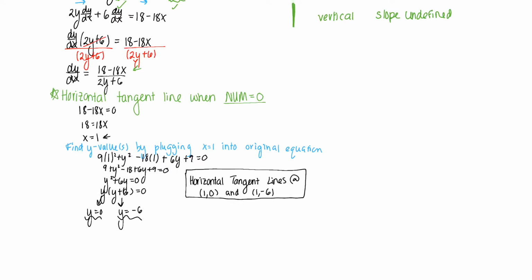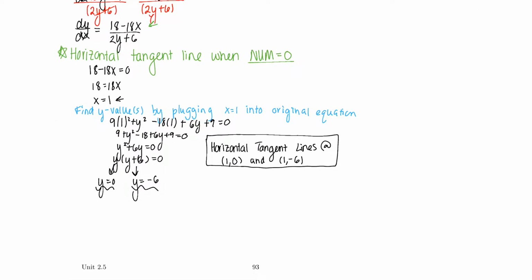The slope is going to be undefined if the denominator equals 0. So there are vertical tangent lines when the denominator equals 0. In this case, 2y plus 6 is our denominator.